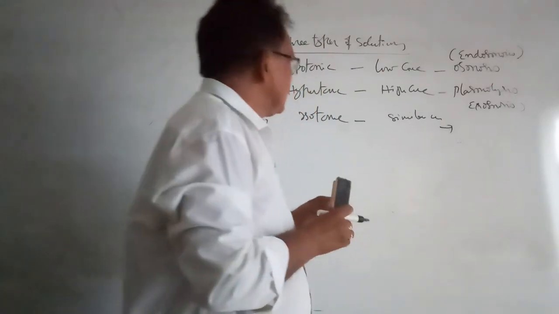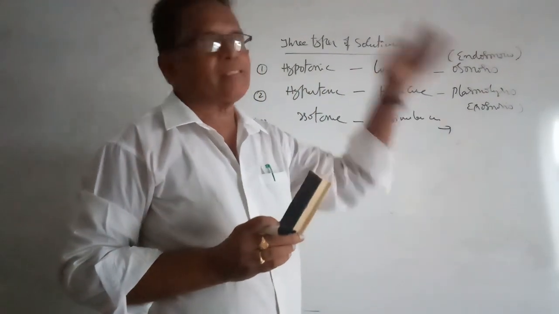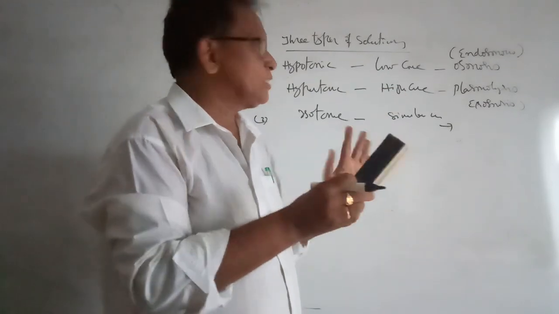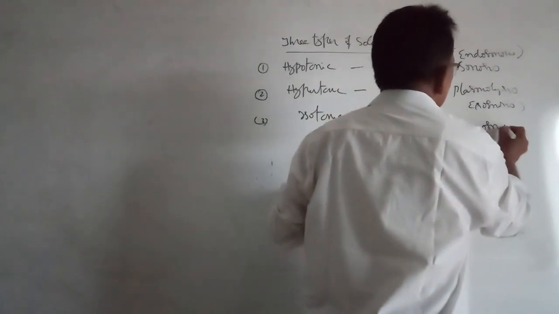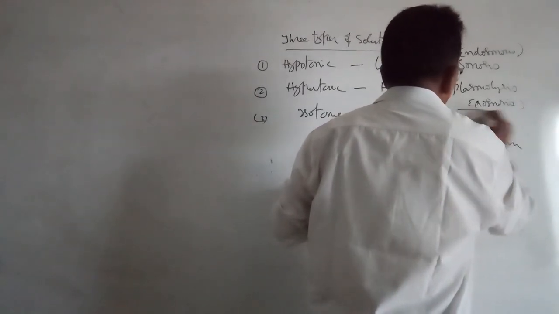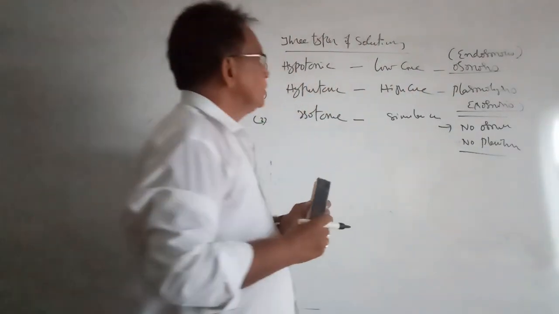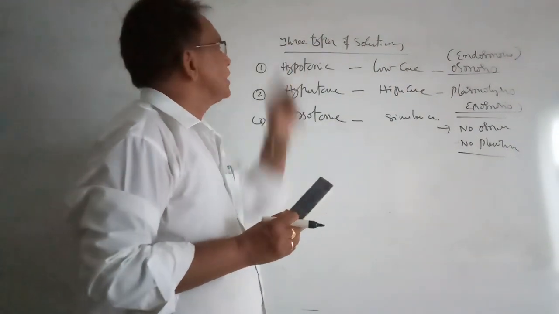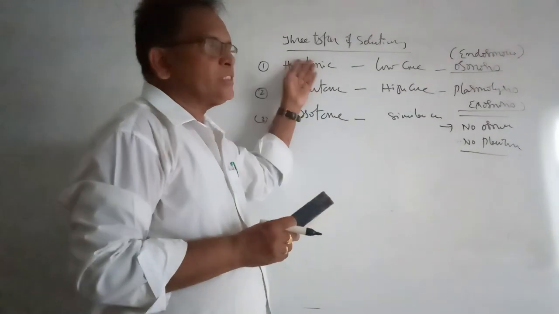If we place a cell in a solution of similar concentration, suppose both concentrations are equal, no osmosis or plasmolysis will occur. So based on the concentrations, we can classify these solutions into these three types. Questions are asked here.